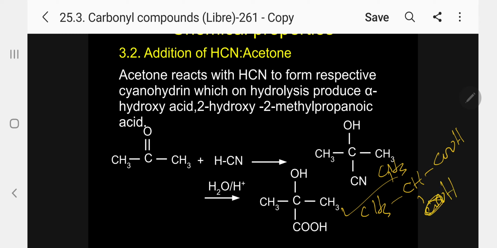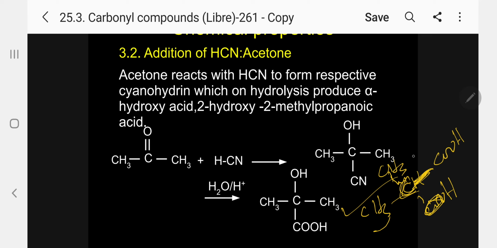So I can now write this structure like this. Kindly follow.